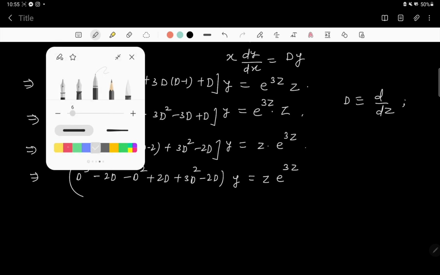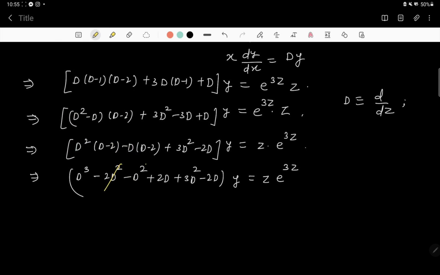So we get minus 2D square minus D square, that is minus 3D square, will cancel out with plus 3D square, and this 2D will be cancelled out with plus 2D. So here we get only D cube of y is equal to z of exponential 3z. This is relation number 2.